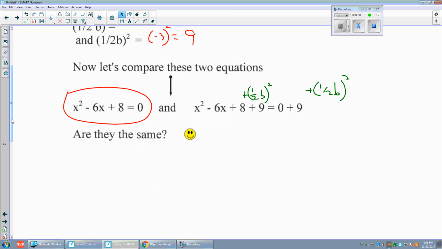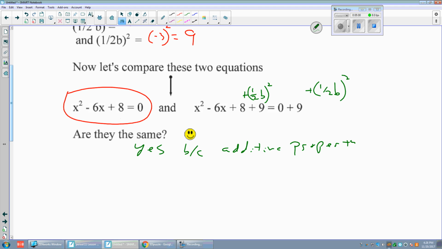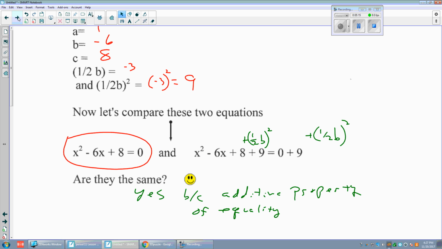Are they the same? Yes. Because additive property of equality. It's a property because it works every time. It's additive because we added positive 9 to both sides. Equality because it doesn't change the equation. They're equal. Let's look at the next page now.